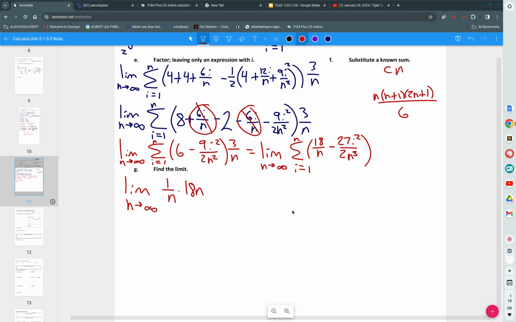I skipped a step there. Is that okay by everybody? Yeah, I think so. Minus, what will be the thing sitting in front for this part? 27 over 2n cubed, good, times that thing, n plus 1, 2n plus 1, all over 6.